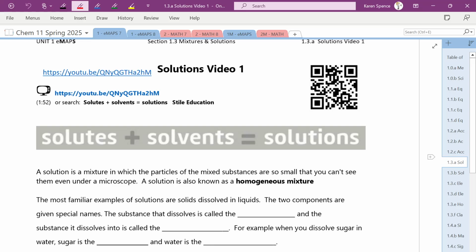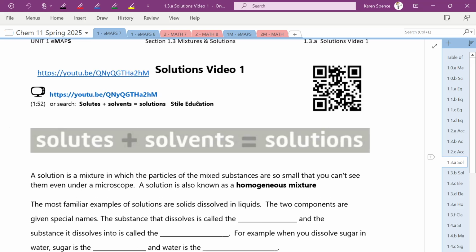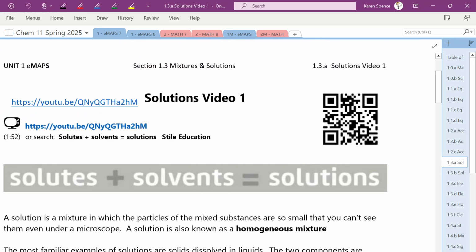How are you going to access this video? You can either go to that QR code and that will take you to the video, or you can go to Teams.